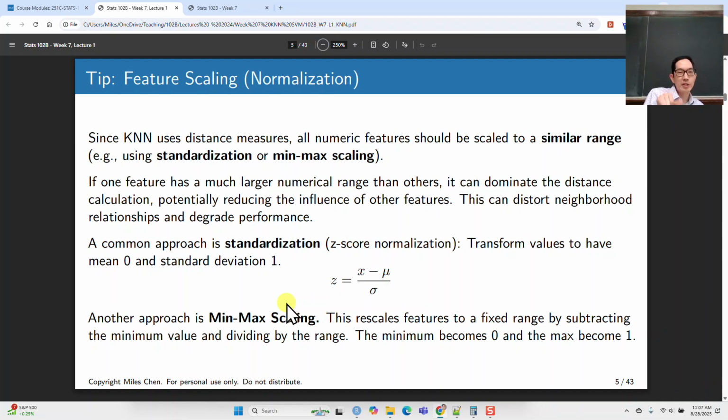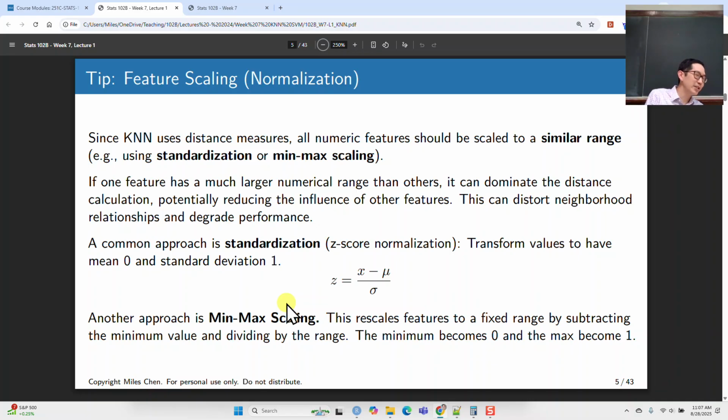Because you are using distance, all of your features, you generally want to scale them to a similar range. Again, it's kind of like the same issues with lasso, where having different units can lead to different problems here.